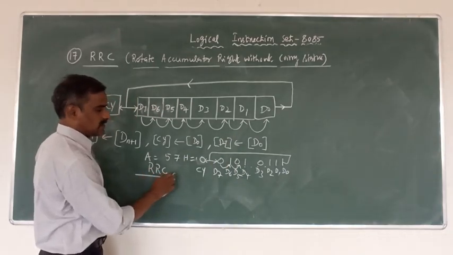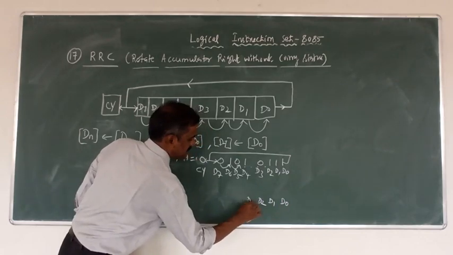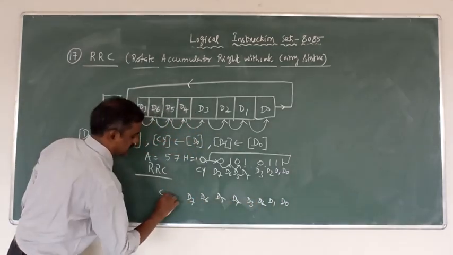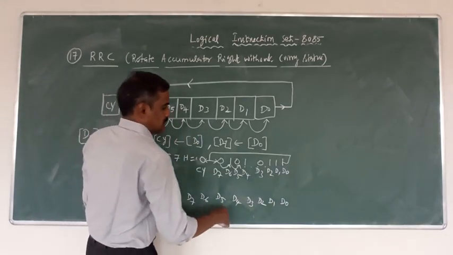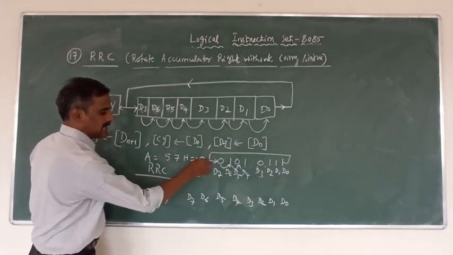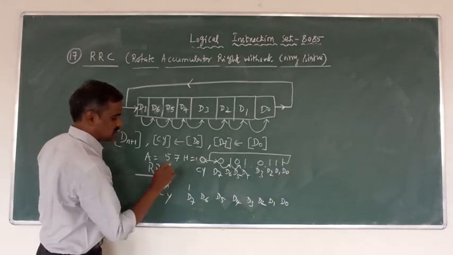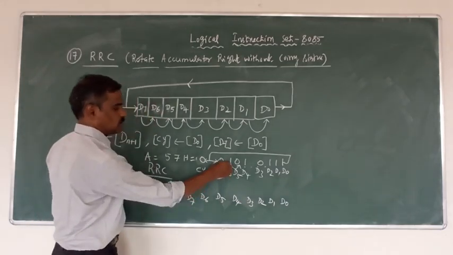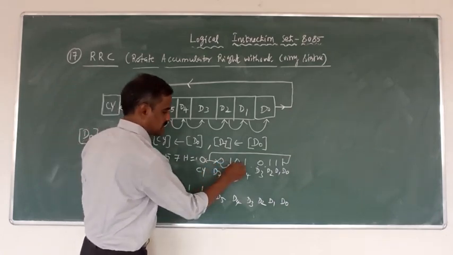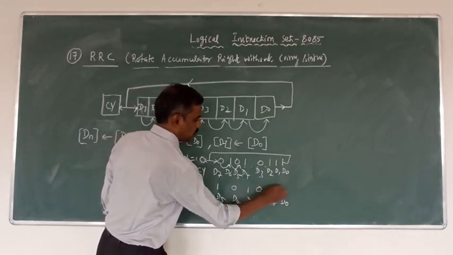After RRC, what will be the accumulator? This is for D0 through D7 and carry. Here the D0 data moves to carry as well as D7, that is 1. Next D7 data, 0, moves to D6. D6 data moves to D5.